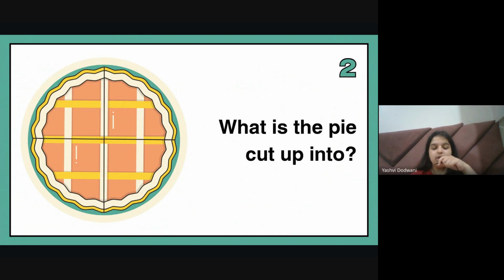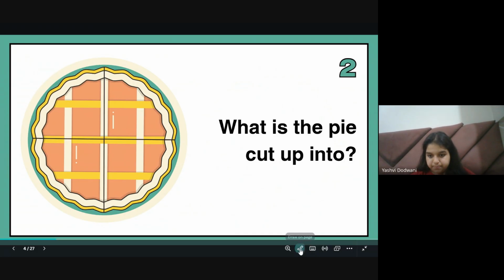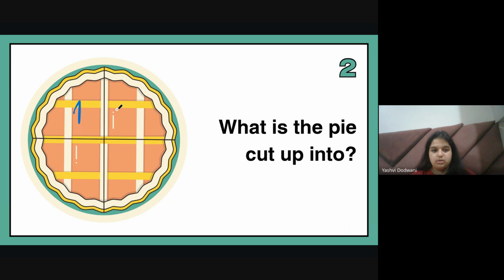We can see four. These are four slices. One, two, three, four. And suppose I say that I ate one slice of this pie. So how many would be left? Anyone? What fraction of the pie would be left?